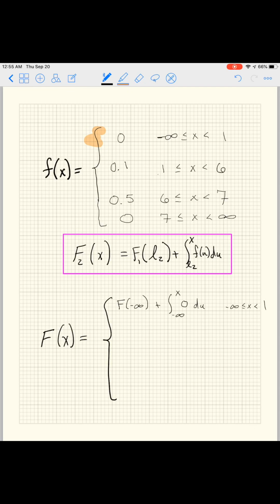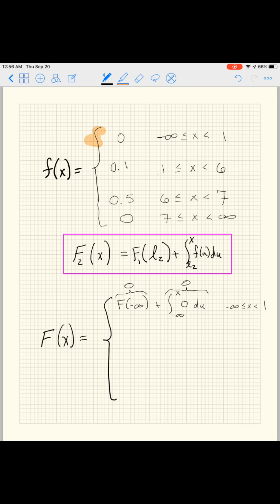From here, I know that this is just equal to 0, and this portion here, if I were to do the integral, would also just be equal to 0.